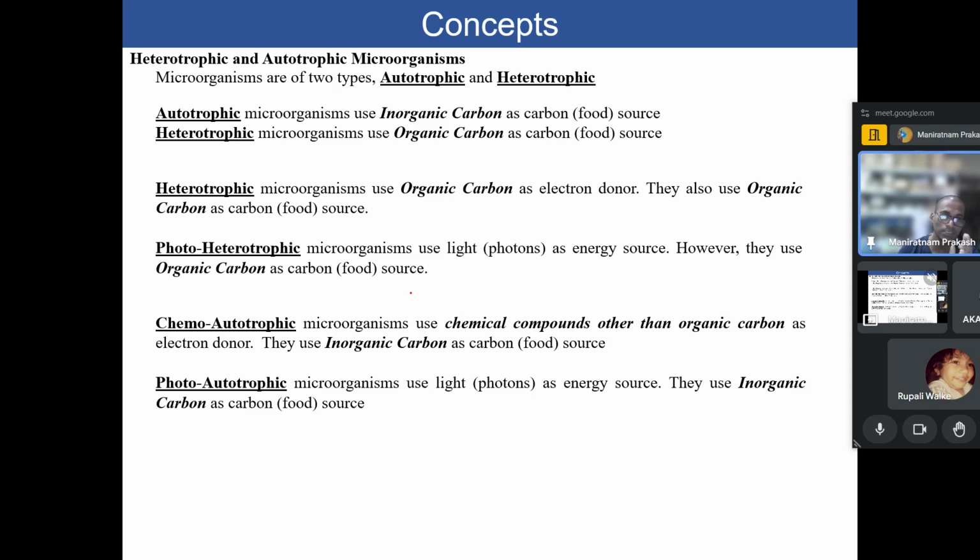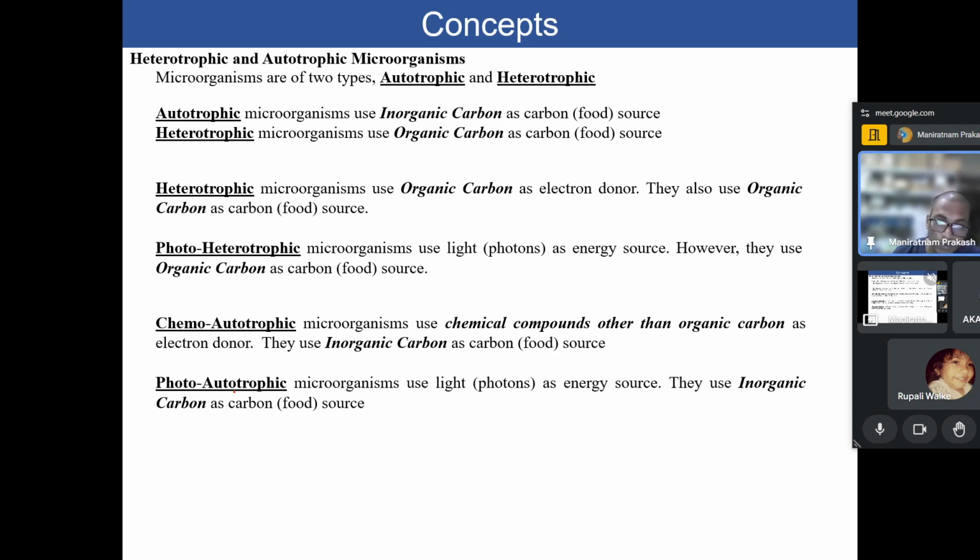I'm not listing out the examples, but you can take a screenshot and go on the net and see the example of each type of organism: heterotrophic, photoheterotrophic, chemoheterotrophic, which use chemical compounds other than organic carbon as electron donor, and they use inorganic carbon as carbon source. Okay, now food source. Okay.